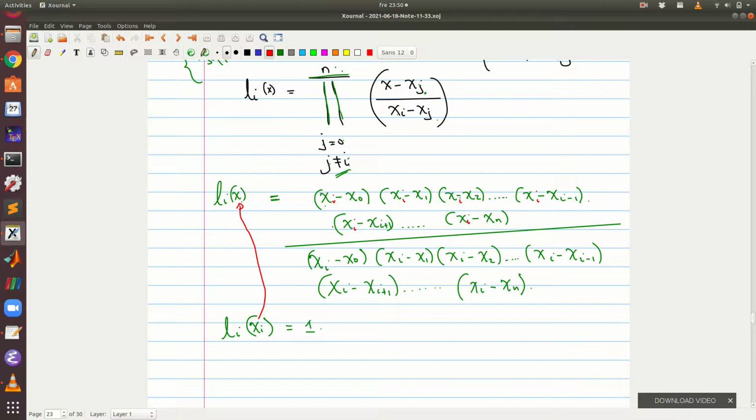Everything is just going to be 1, 1, 1, 1. But I will remove that so that I do not confuse anyone here.